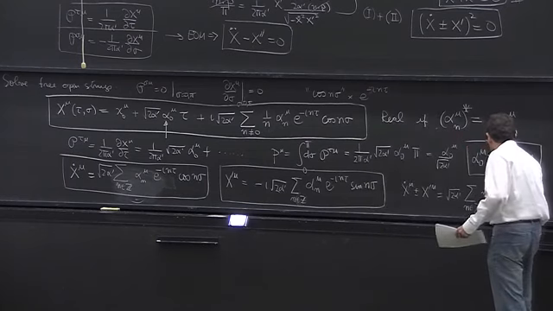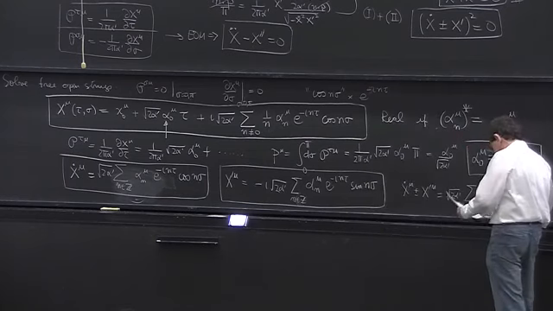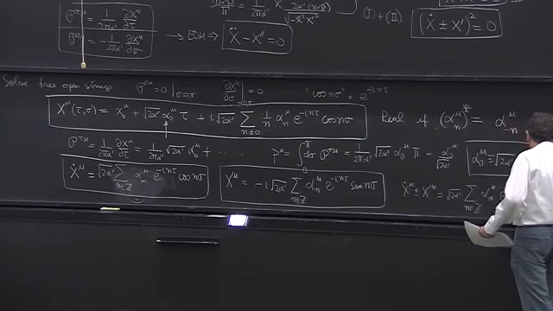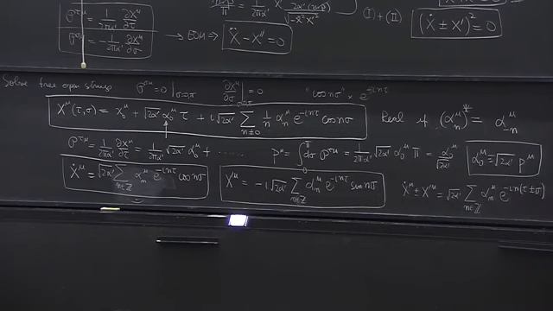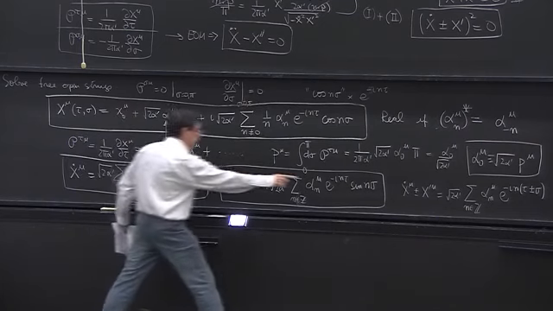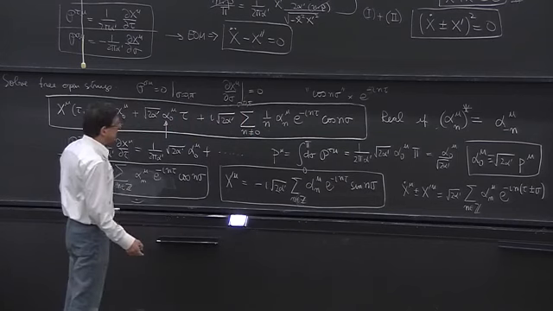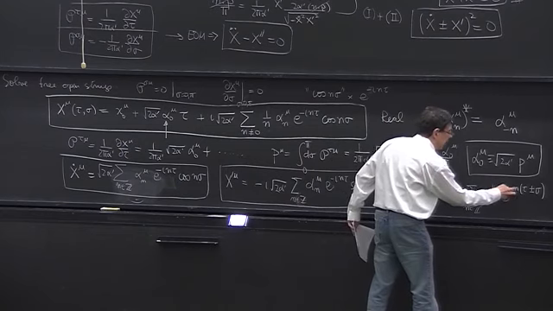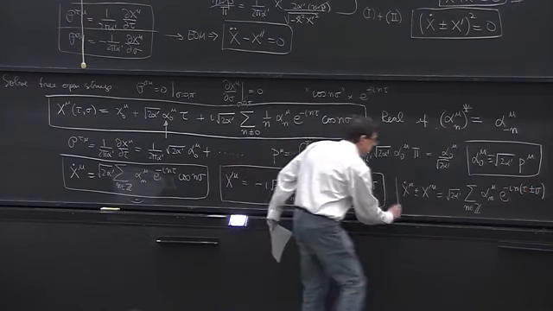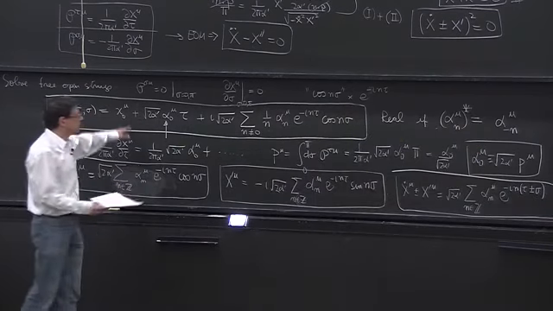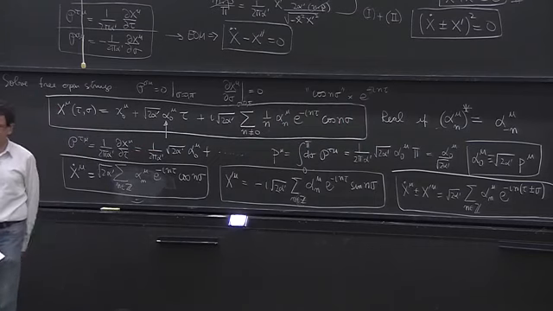We get alpha n mu e to the minus i n tau plus minus sigma. Let's check the top sign. For the plus, you should get cosine n sigma and minus i sine n sigma, so it should be e to the minus i n sigma. And that's the right thing, e to the minus i n sigma. So that's it. This was the reason for everything pretty much in this formula, that the constraint is simple. The constraint is nice.